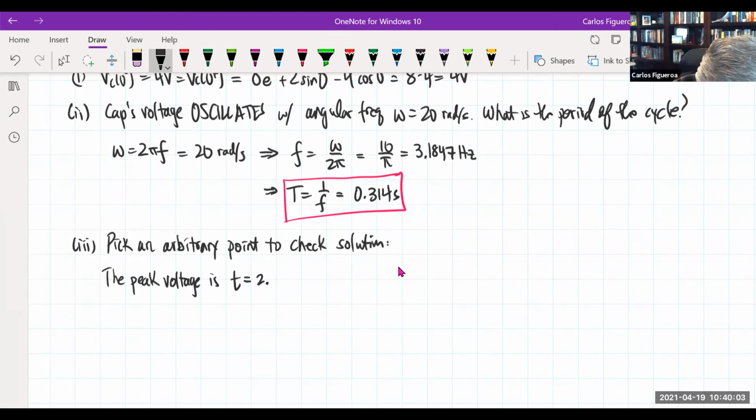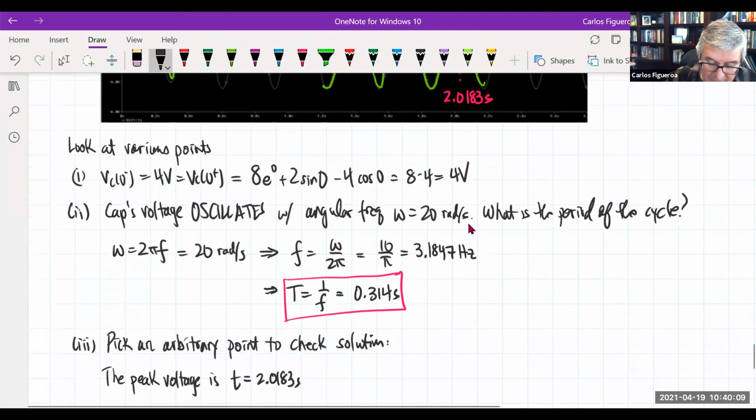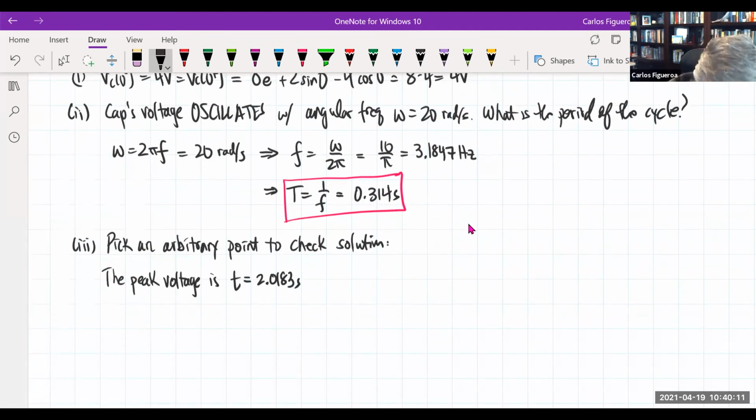I think it's 2.0183 seconds. Is that right? Yes. So then I want to check to see what that voltage is. So VC at T equals 2.0183 seconds is then going to be equal to what?